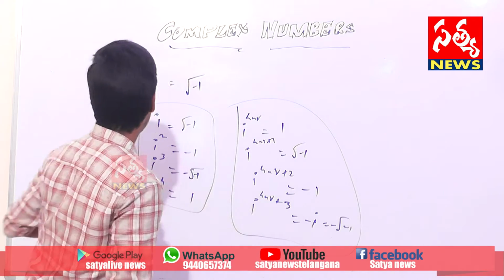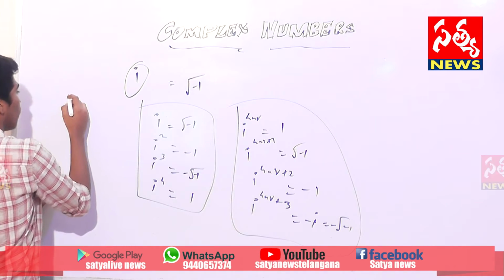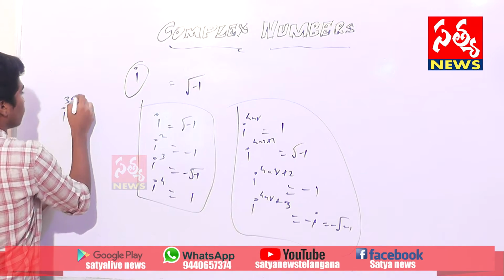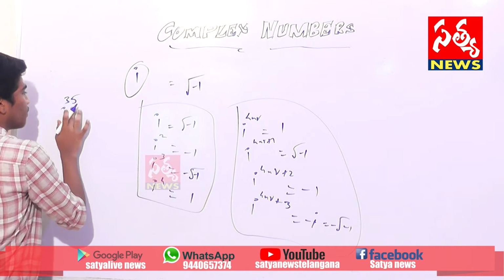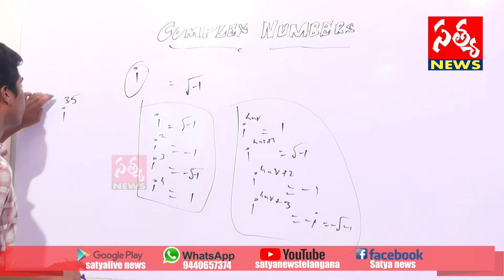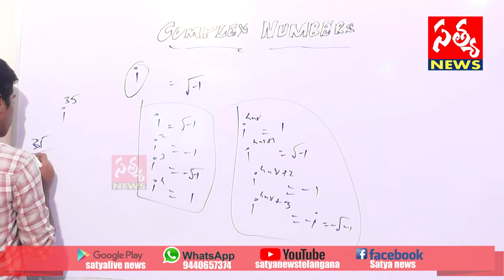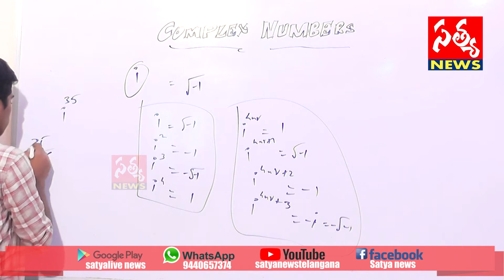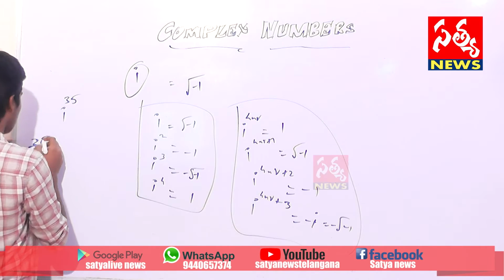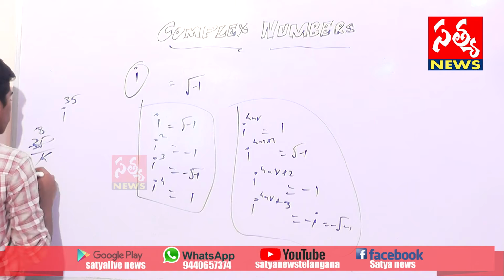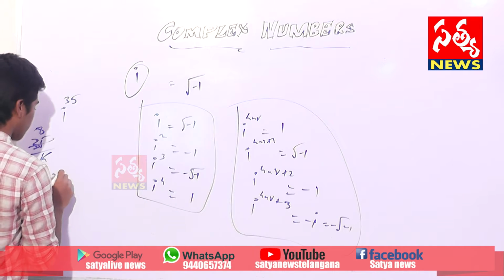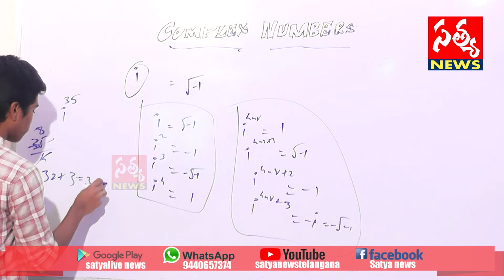Now for an example, if we take i power 35, first of all divide 35 by 4 so that we get a quotient and a remainder. It goes 4 eights are 32, and 32 plus 3 equals 35.